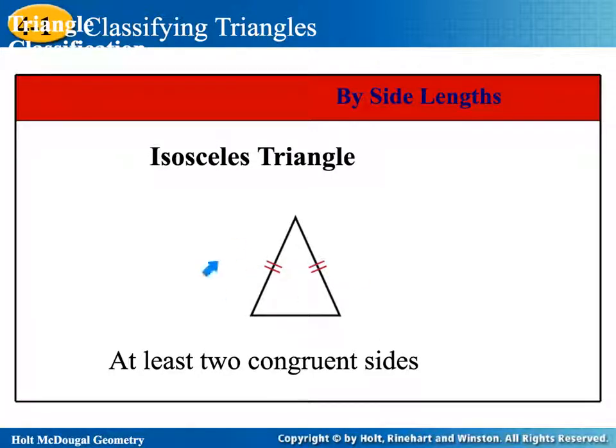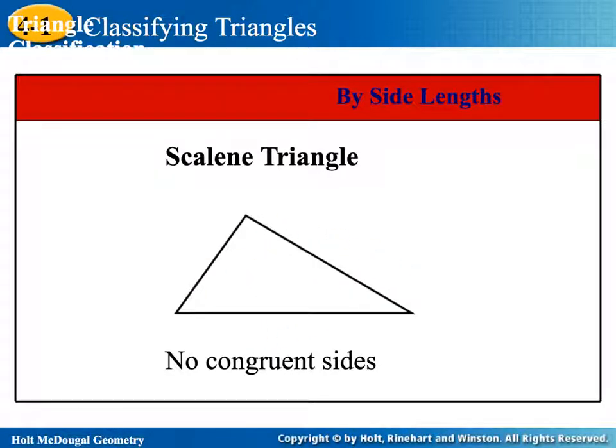At least 2. If it has a third one, then it's equilateral. So 2 equal sides is isosceles. 3 equal sides is equilateral. No equal sides is scalene. This is your second buzzword, scalene. So scalene, there are no equal sides. Isosceles, there are 2 equal sides, and equilateral, there are 3 equal.